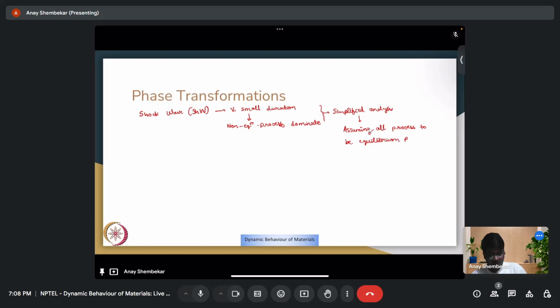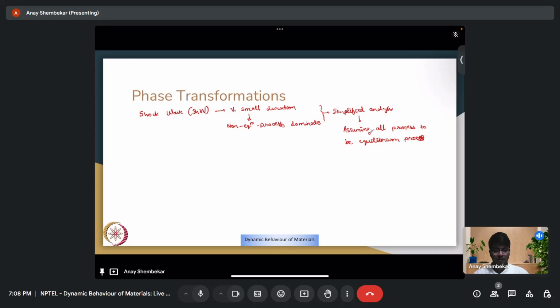So, it's important that when we do a thermodynamic analysis, we will typically only be studying processes as equilibrium processes in this context, because non-equilibrium processes are harder to model.